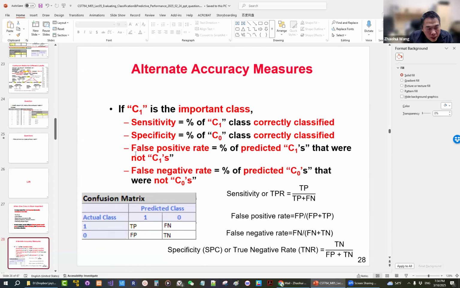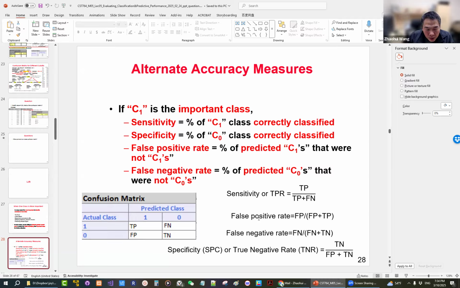We can define the false positive rate, which is the percentage of the predicted C1s that were not C1s. This is complementary to the precision.